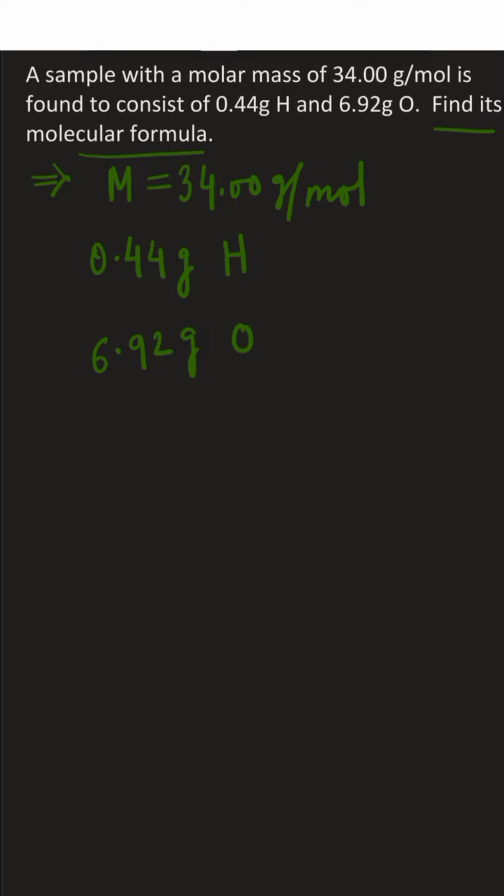Now these types of numericals we actually do in three steps. At the very first, we have to find out the number of moles present in the given amount. In case of hydrogen, it is given by 0.44 gram.